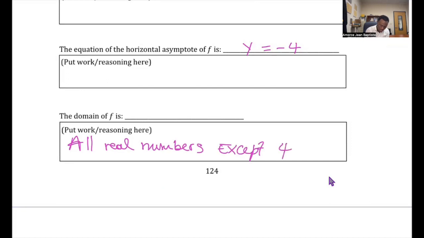In interval notation, that will be negative infinity to 4, union 4 to infinity.